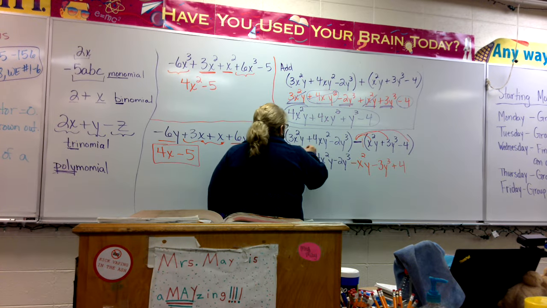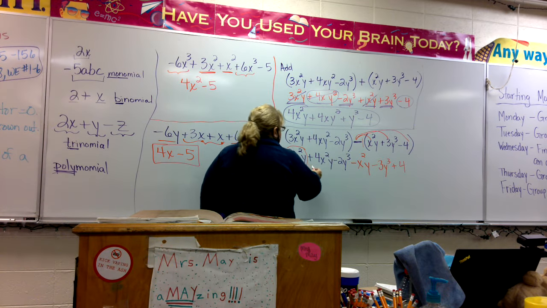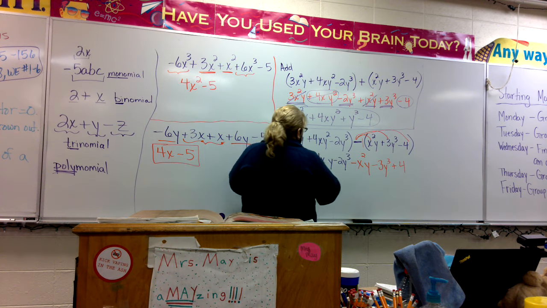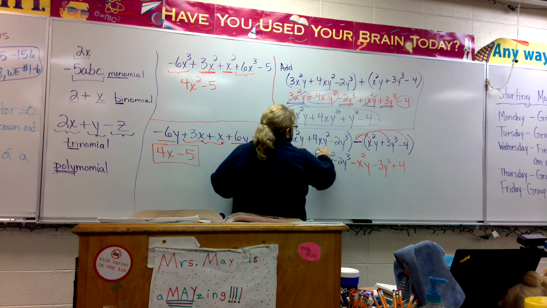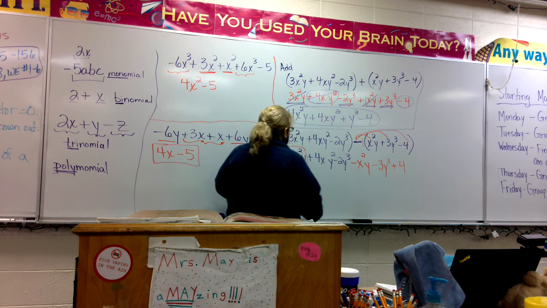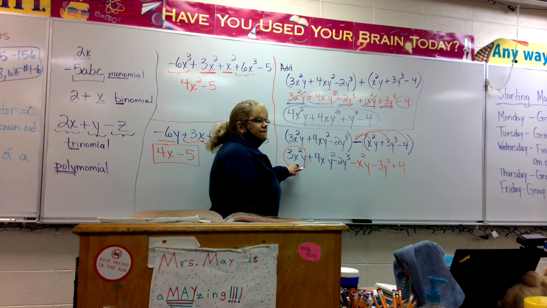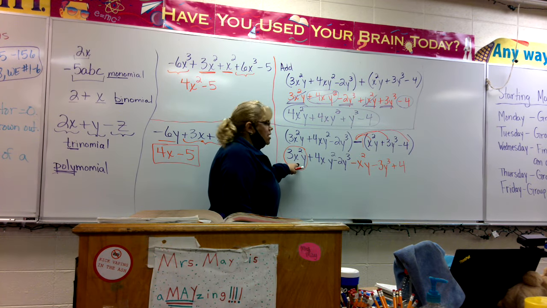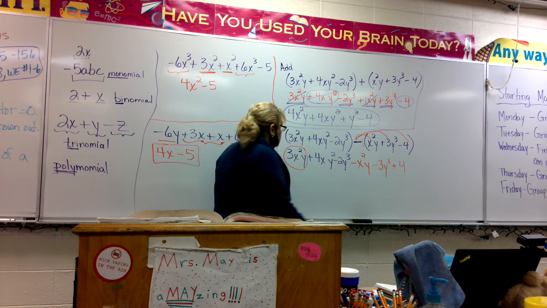So I've got 3 of those x squared y's. I screwed up right here, didn't I? See that? It's an xy squared, it's an xy squared. Do I have any more of these? You tell me. Do I have any more x squared y's?